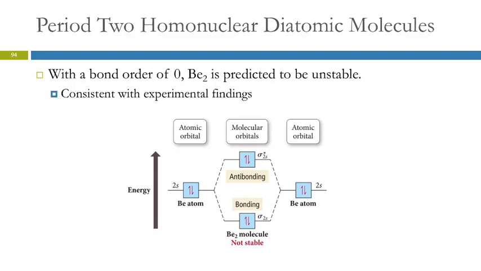Okay. So let's look at Be2. So beryllium has 2 valence electrons in the 2s orbital. Here again, we have 2s orbitals combining. We get a sigma 2s and a sigma star 2s. One's lower in energy, one's higher in energy. Now we have 4 electrons, and so we put the first 2 in here, and the next 2 have to go up there. The bond order here is going to be 0.